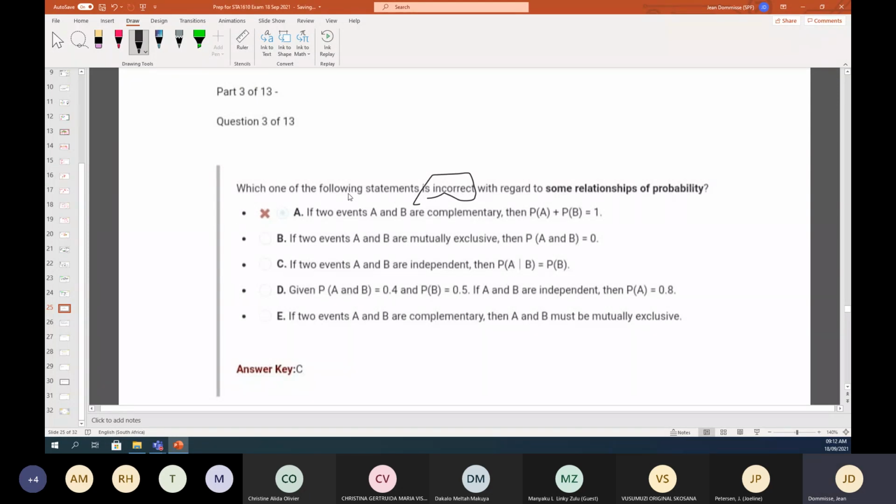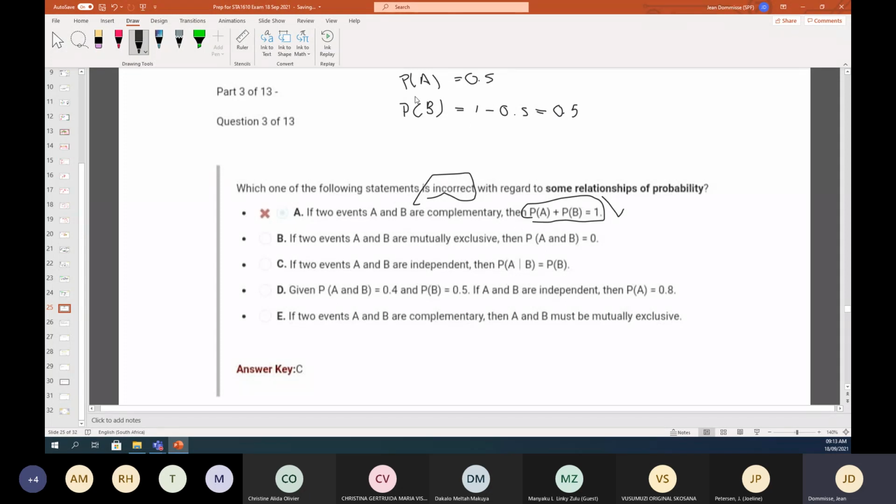If 2 events A and B are complementary, then A plus B is equal to 1. Okay, so that is correct. So if I have A as 0.5, then I can say if B was the complementary one, B is equal to 1 minus 0.5, which is 0.5.